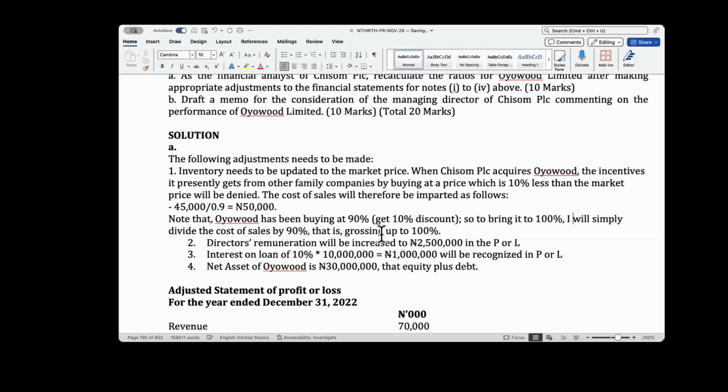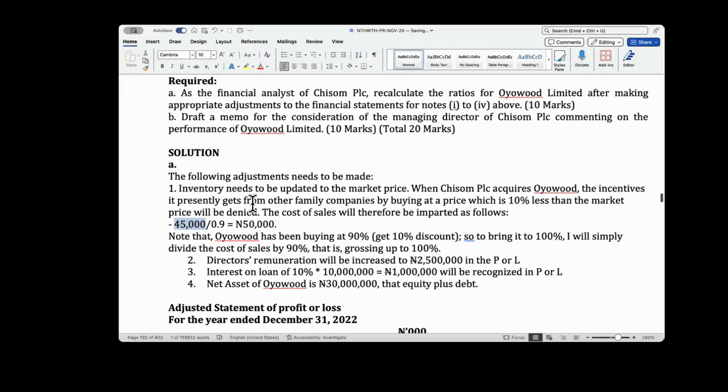That is, grossing up to 100%. That's how to gross up. This 45,000 is 90%. Divided by that 90%, it takes you to 100%. Which is the same thing as 45 over 90 times 100. It's the same thing.